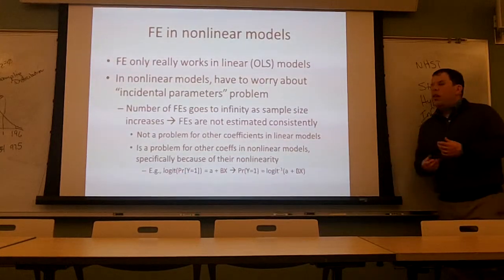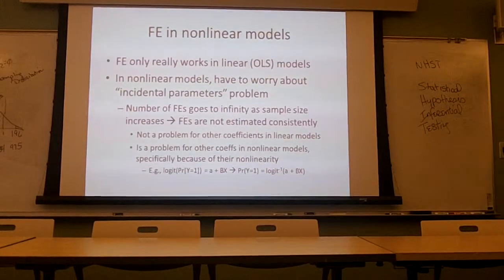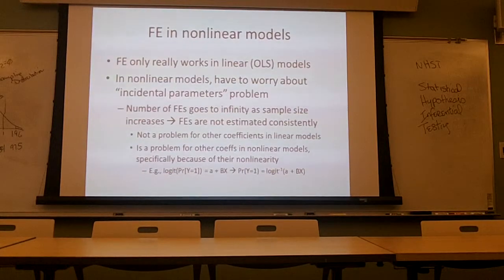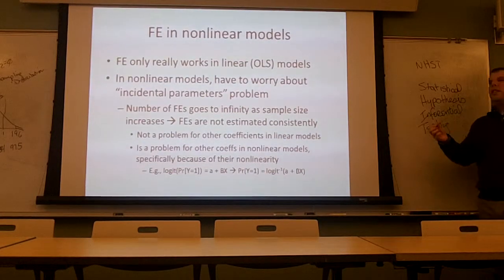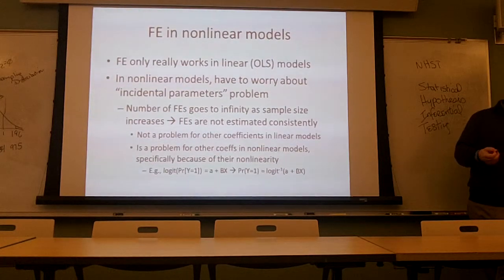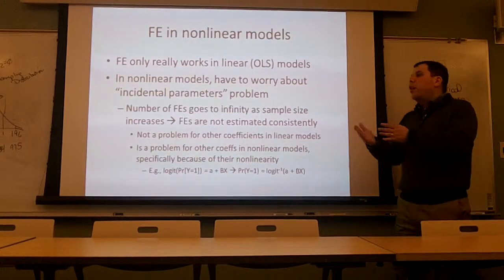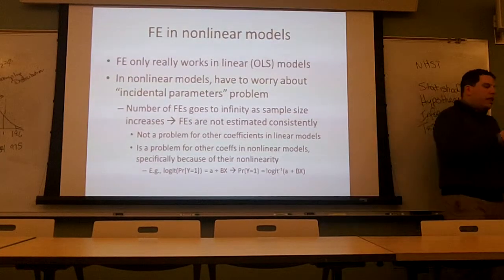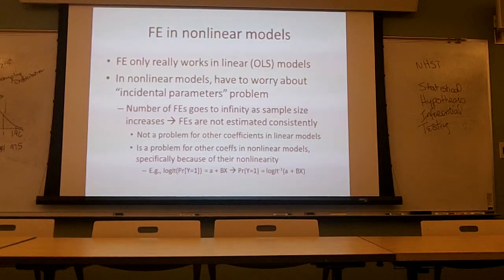It's a theoretical argument. The issue is, with the incidental parameters problem, the coefficients of the fixed effects are not consistently estimated. In the linear model, that's not a problem. There's no spillover. Specifically in a linear model, if the fixed effects are estimated inconsistently, that's okay because the coefficients that you care about on insurance type or whatever are still going to be pure.